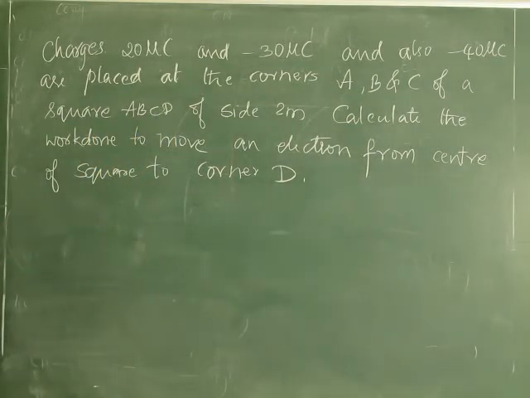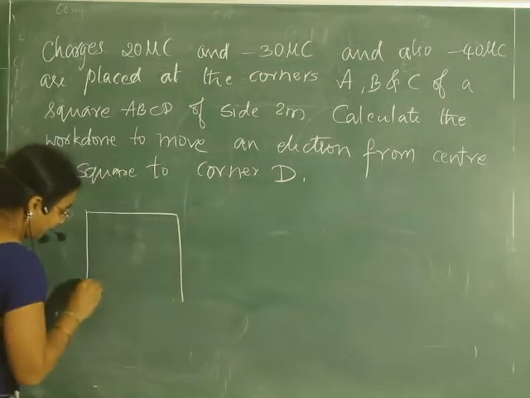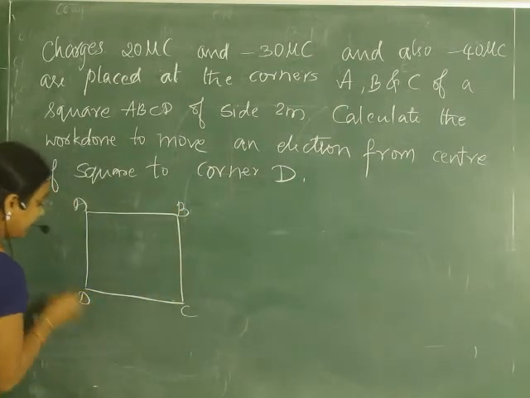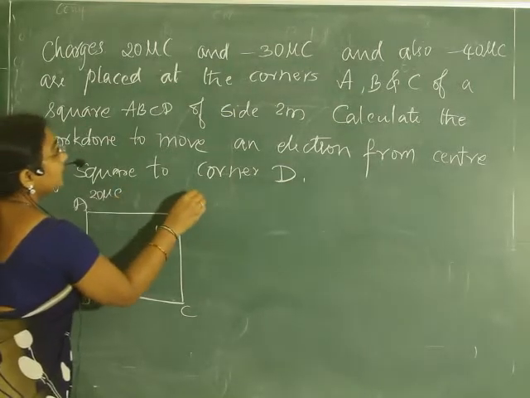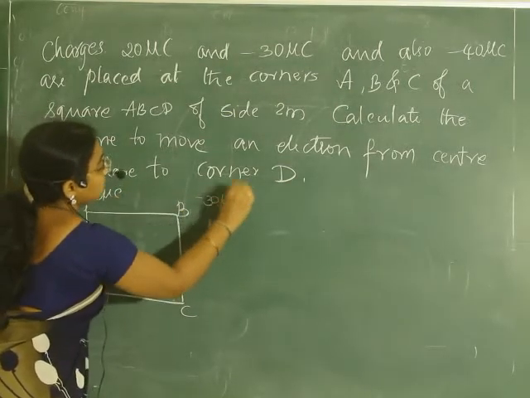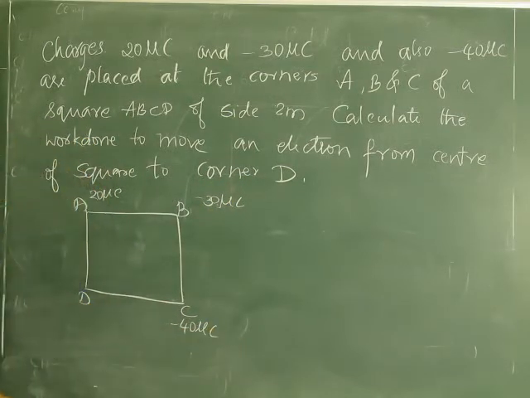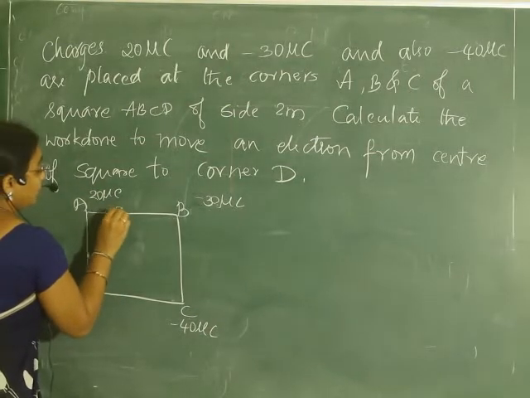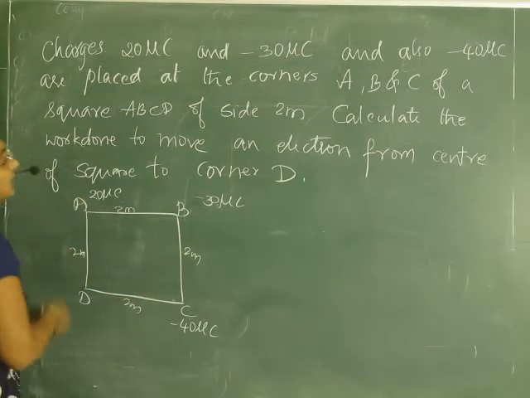Calculate the work done to move an electron from the center of the square to the corner D. Okay, so we have to take one square A, B, C, D, and place the three charges, 20 microcoulomb, minus 30 microcoulomb and minus 40 microcoulomb at three corners of the square of side 2 meter.